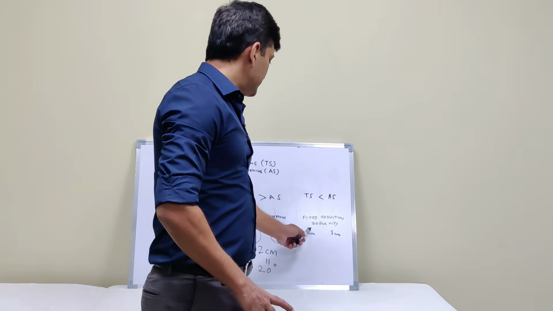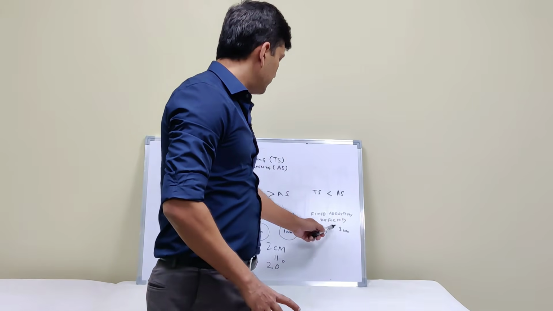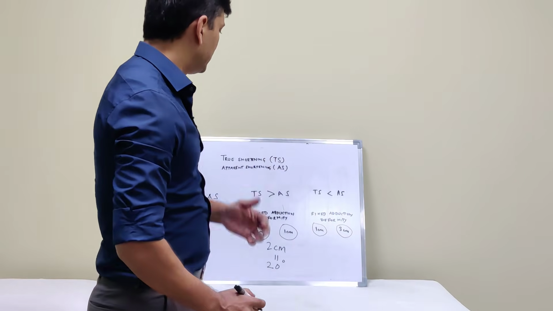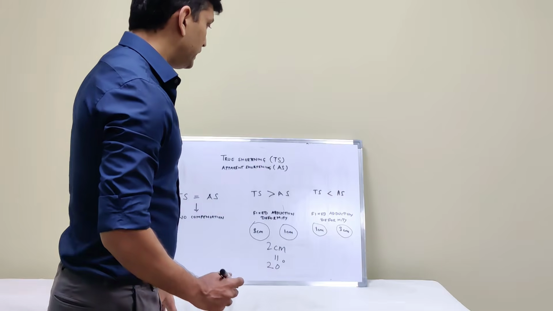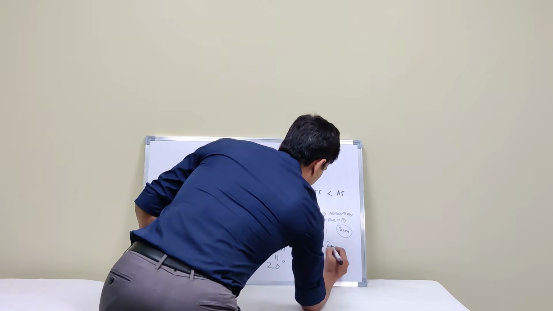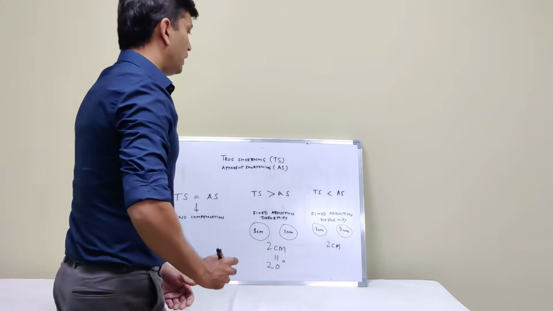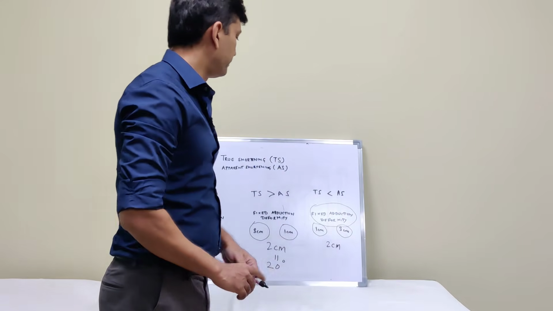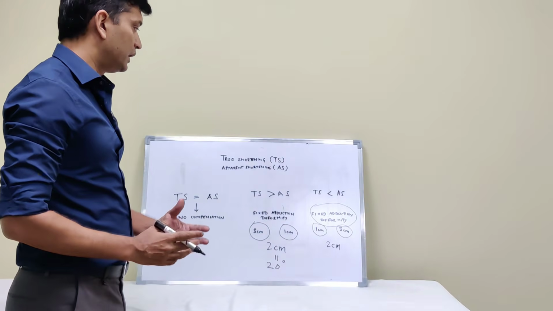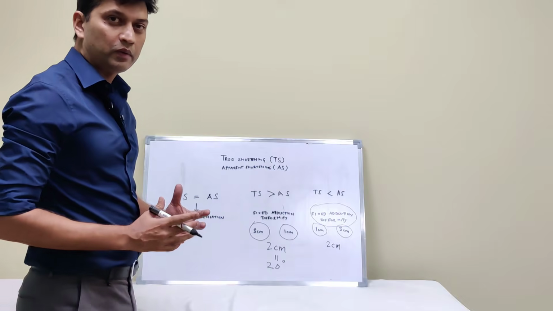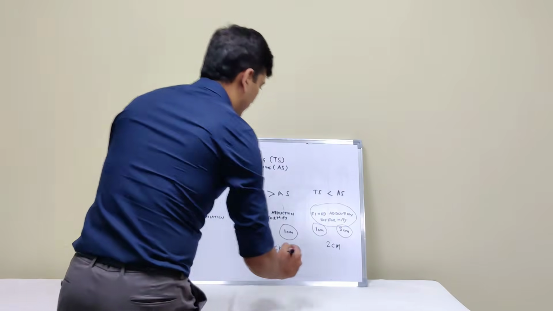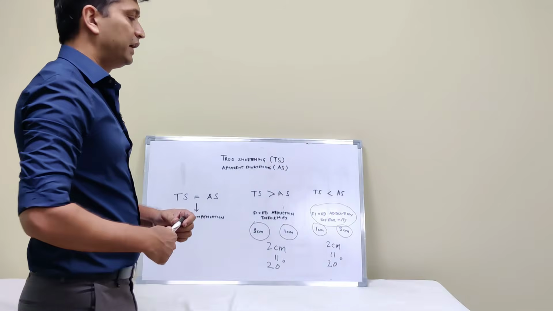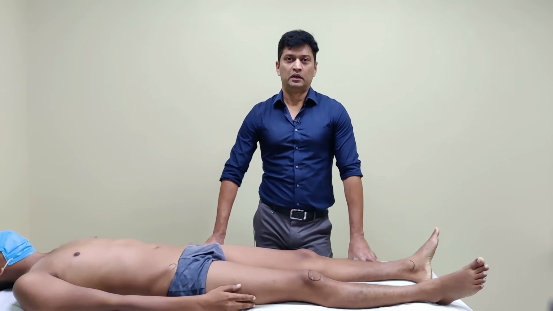So if it is 1 centimeter of true shortening, but when you are measuring the apparent, it is coming 3 centimeters, the difference will be 2 centimeters. That is because of upriding of ASIS due to fixed adduction deformity. And as we said, if there is LLD of 1 centimeter, that will correspond to roughly 10 degrees. You will have roughly 20 degrees of fixed adduction deformity.